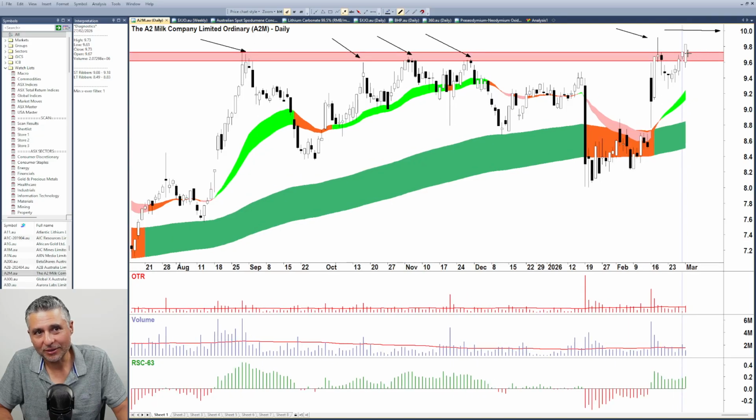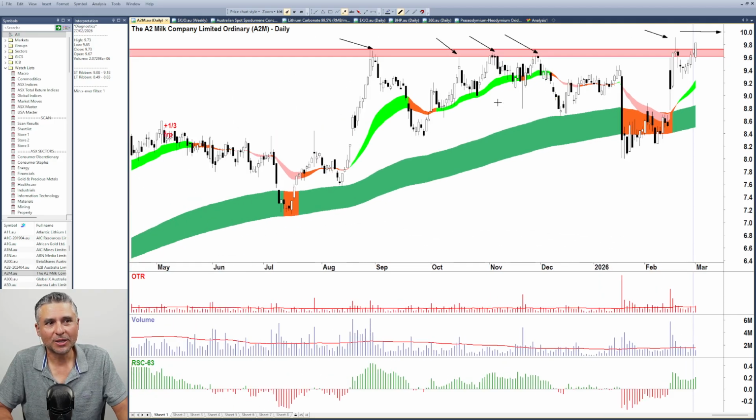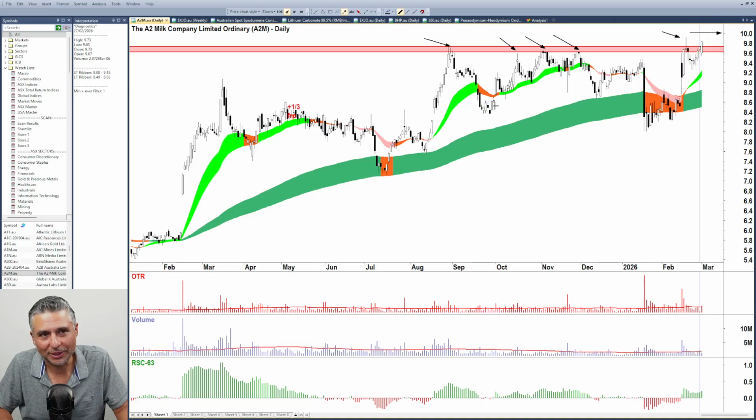But I think all of those small-minded people that cannot imagine A2 Milk being more than $10, who have just so stupidly pegged that value on it, all the fundamental analyst nerds that will swear black and blue that A2 Milk is a $10 stock. Like, I did my maths.